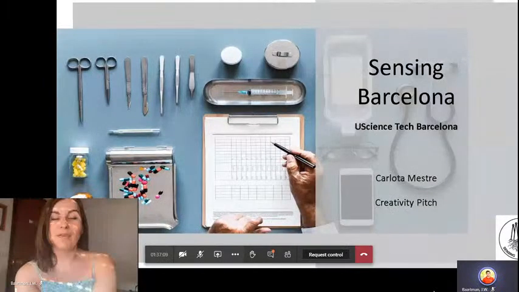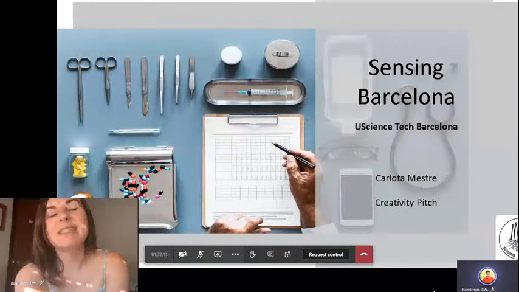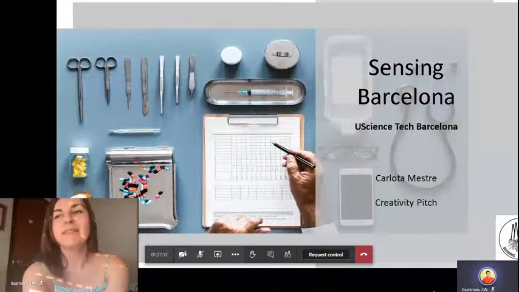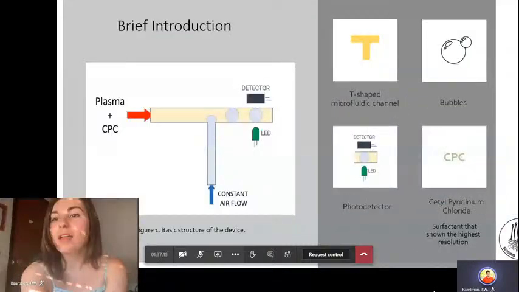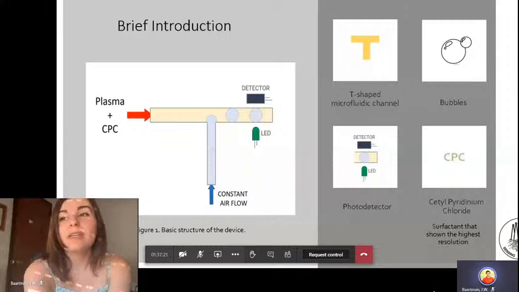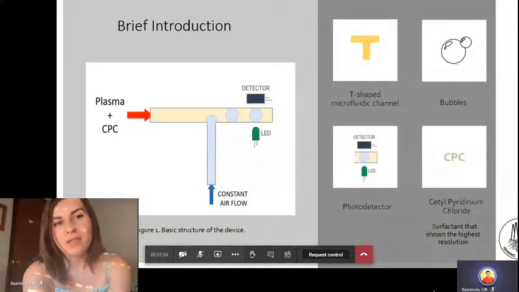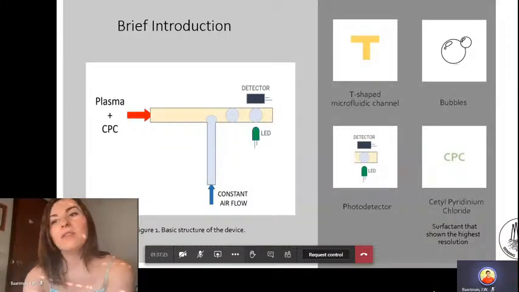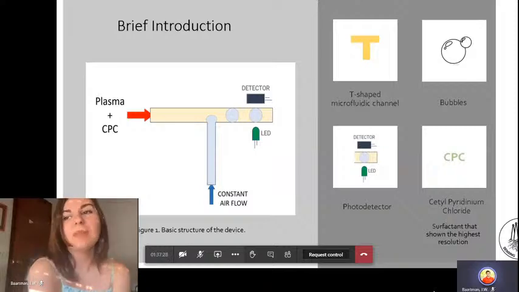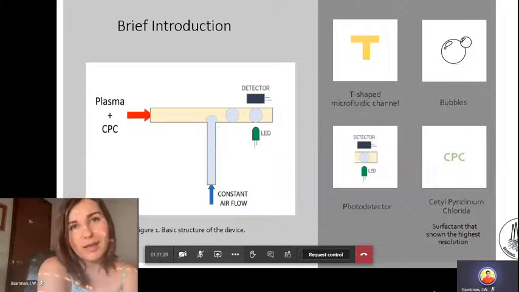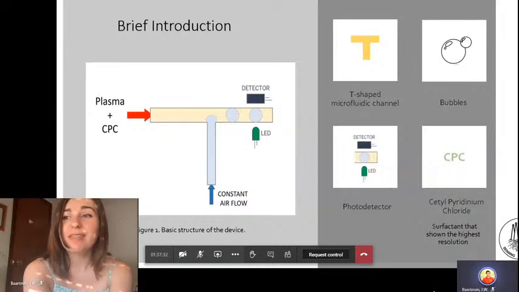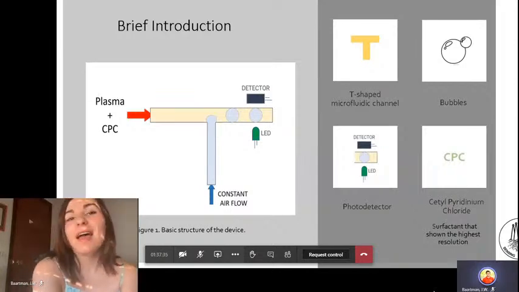As you can see in figure 1, the main idea is a T-shaped microfluidic channel with two very differentiated inlets. One of the inlets receives a constant flow of air, and the other, the plasma sample, mixes with a surfactant called cetylpyridinium chloride, CPC.